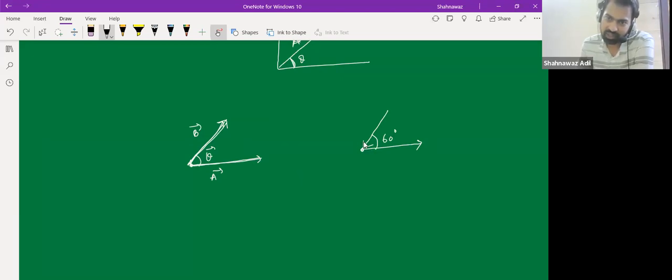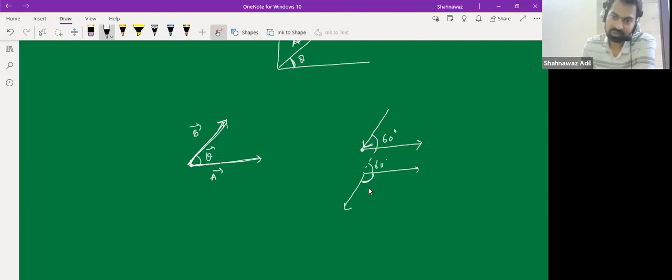You see that this is the head of the vector and this is the tail. So I have placed this tail in here. If I place that tail on that side, this would be this, and this was angle 60. So this would be how much angle?